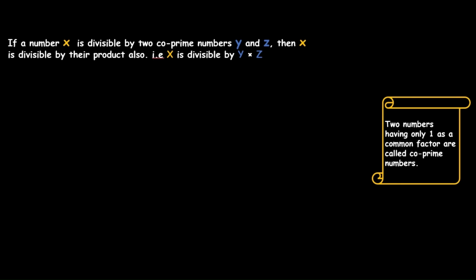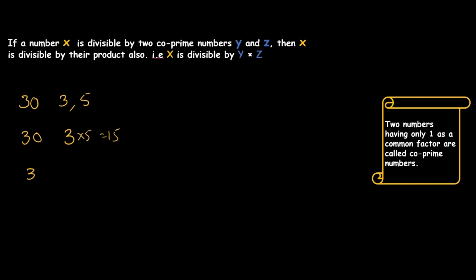So let's take a few examples. Say, let's pick a number 30. 30 can be divided by both 3 and 5. So we know that 30 divided by 3 is 10 and 30 divided by 5 is 6. So 30 can also be divided by the product of these two co-prime numbers, 3 and 5, which is nothing but 15.